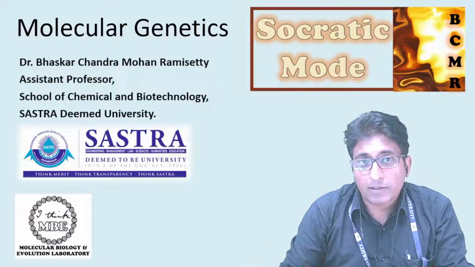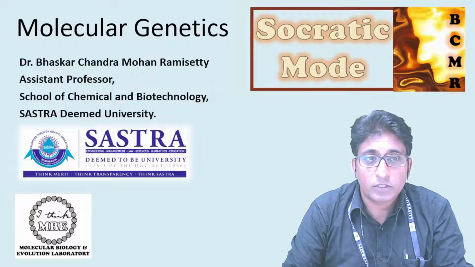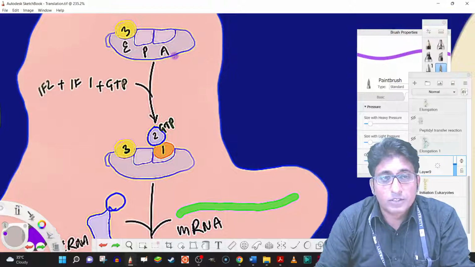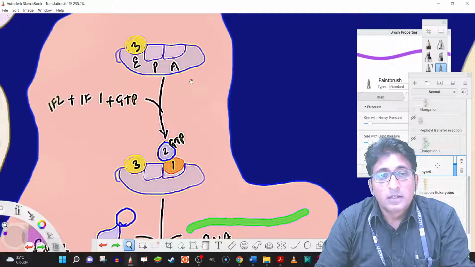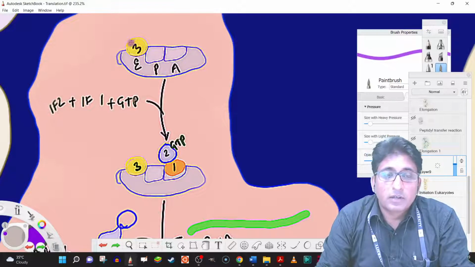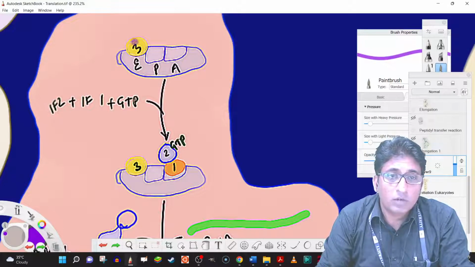So we'll have a comparison between these two. We'll start off with the prokaryotic initiation of translation. So the small subunit, when it isn't translating, is usually bound with initiation factor 3, the one depicted here.